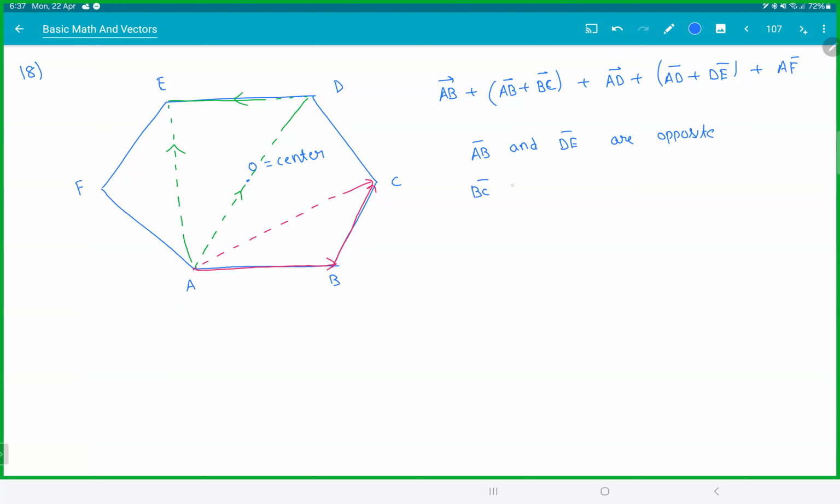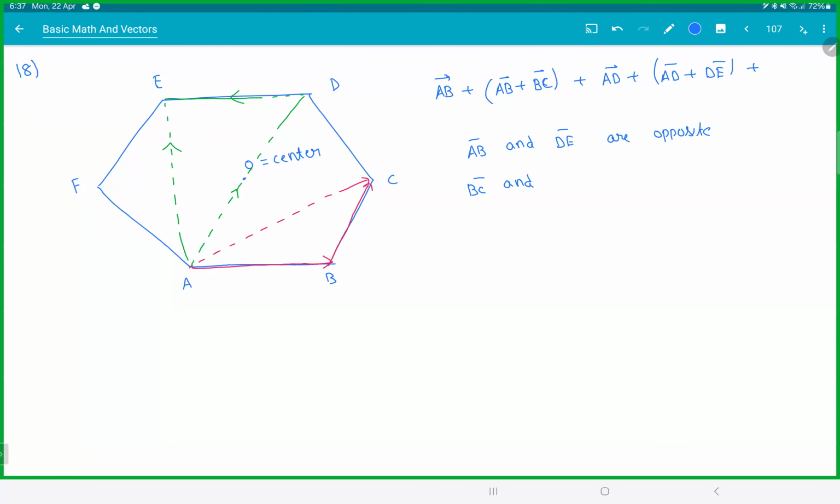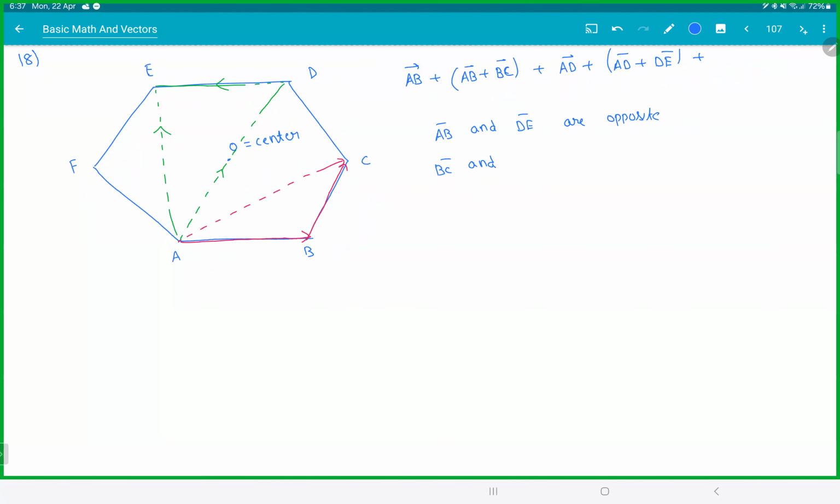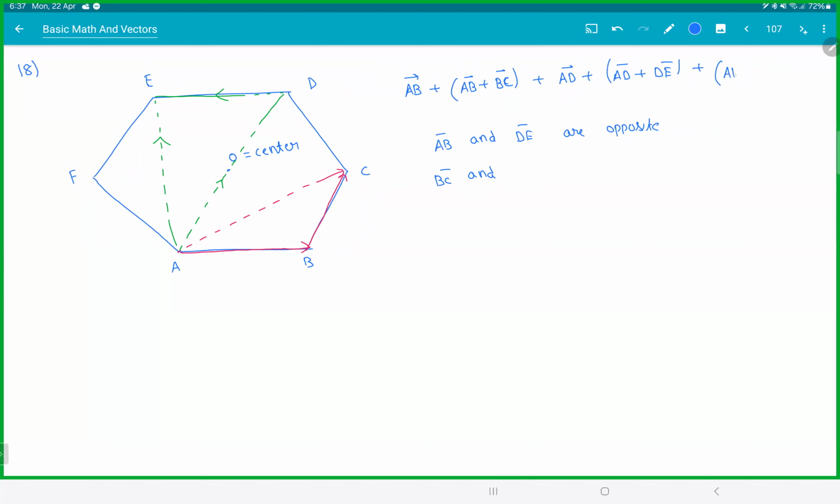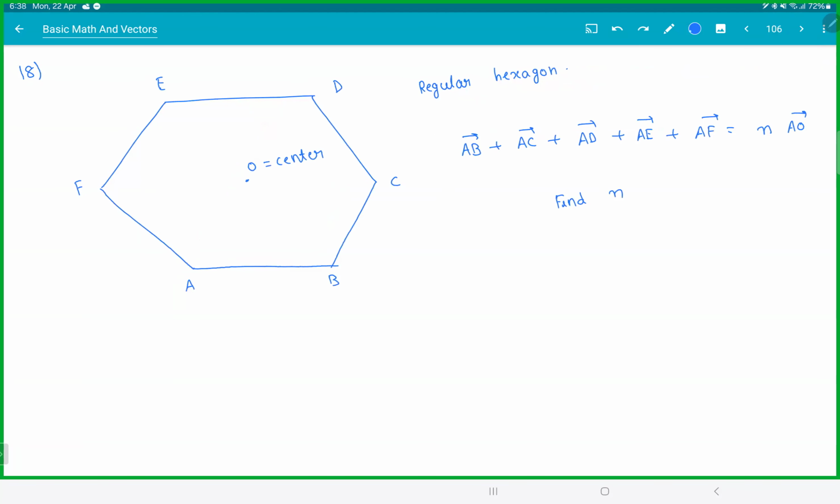Similarly, BC bar and AF also I need to write actually. AF can be written as AD bar plus DE bar plus EF bar. So BC bar and EF bar are opposite. Are you getting what I wrote here? I just opened up each one: AC, AE, and AF.